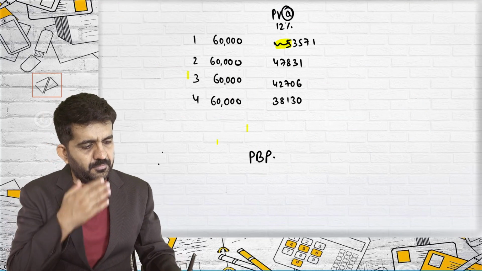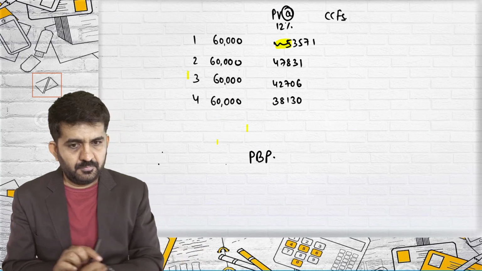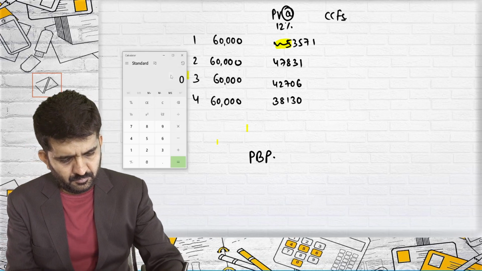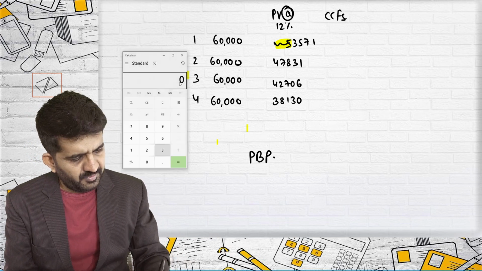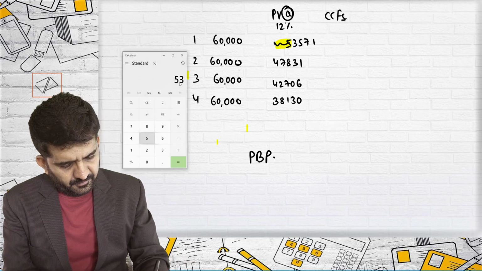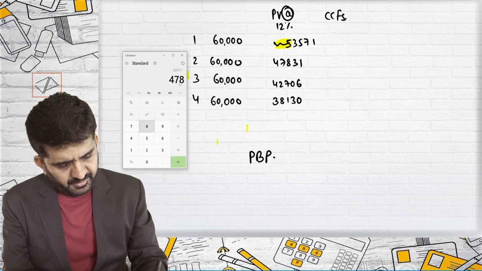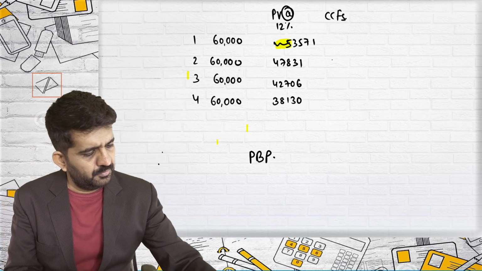38,130. I want to find out cumulative cash flows. 53,571 plus 47,831 is 101,402.